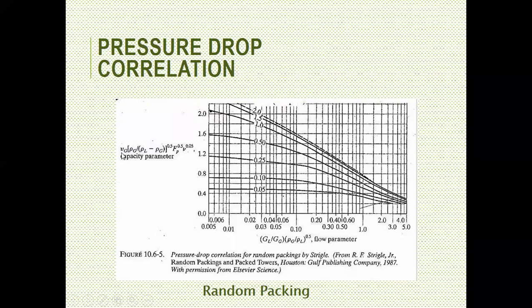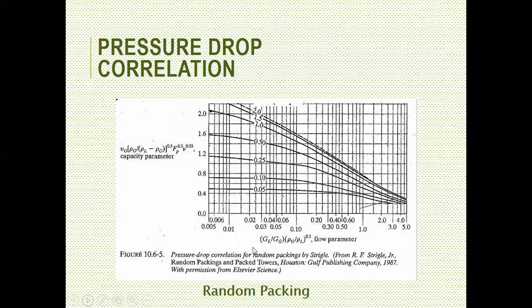You use this linear velocity in determining the gas mass velocity at flooding. The gas mass velocity at flooding then will be multiplied to 60% of its value so that we can determine the diameter appropriate for our column. That's for the procedure in determining the diameter of our column.